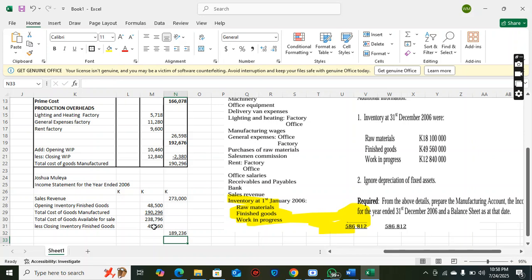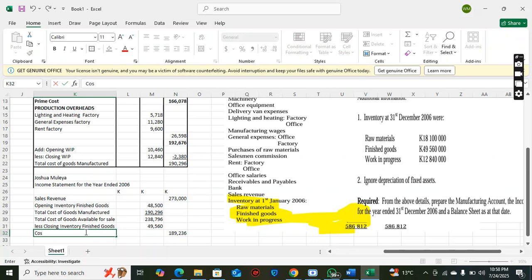No, that's what we just had here. The cost of goods available for sale is here. It's cost of goods sold. Thank you, madam.